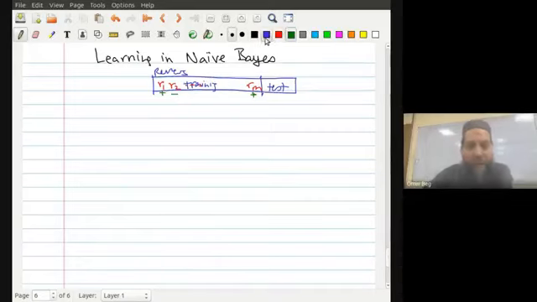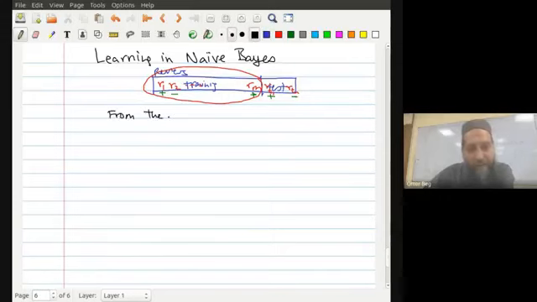Our learning algorithm would involve using all these reviews that have been labeled here in the training set. Although there are reviews in the test set and they are also labeled, we are not going to be looking at these for the training part. So let me write down the algorithm.